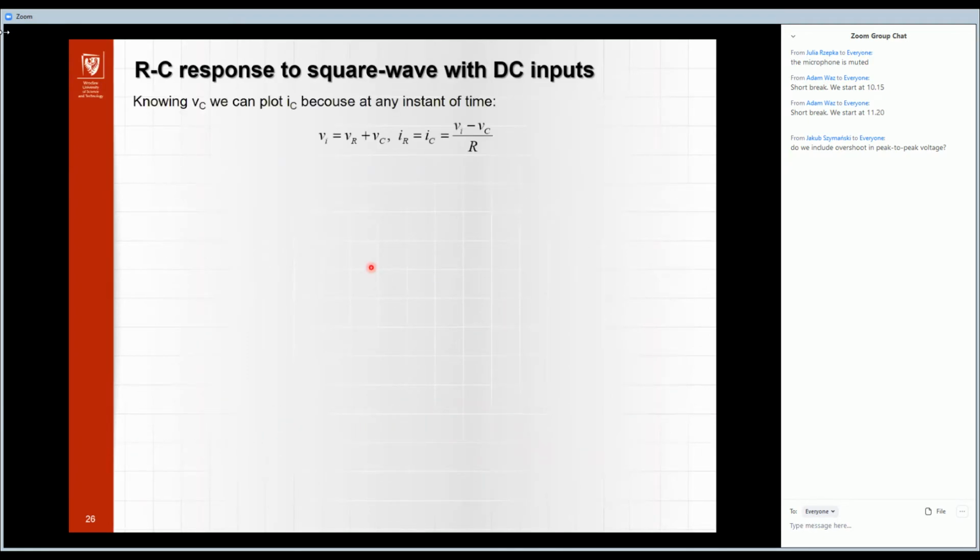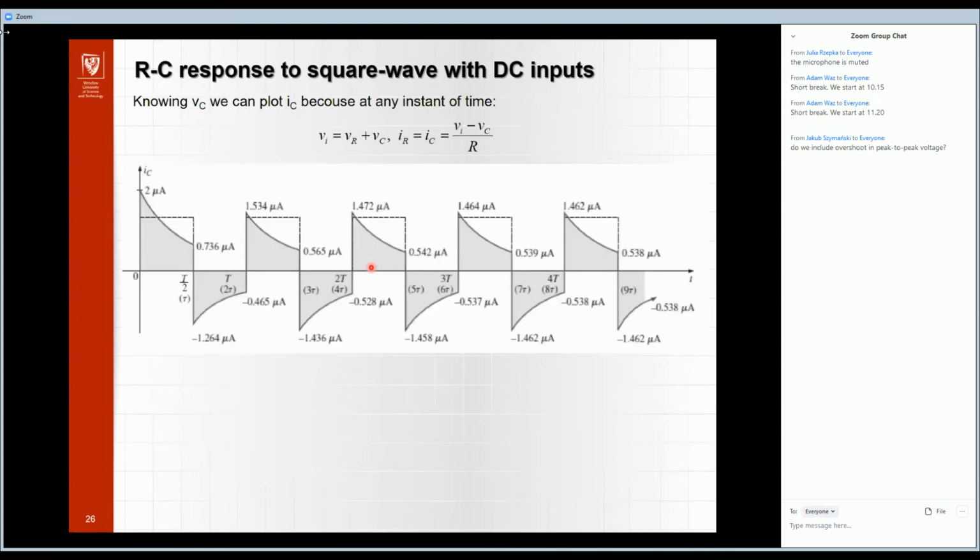Okay, so knowing the VC, we can calculate the current, and this is from the current. The current, of course, is the largest at the beginning, because the capacitor is uncharged, and so we cannot see the symmetry here.